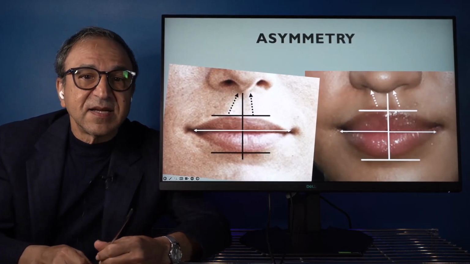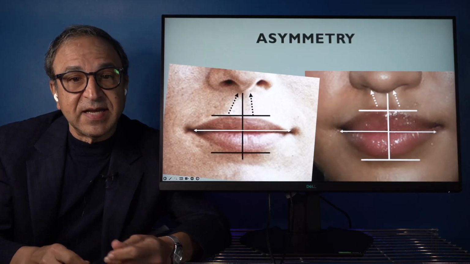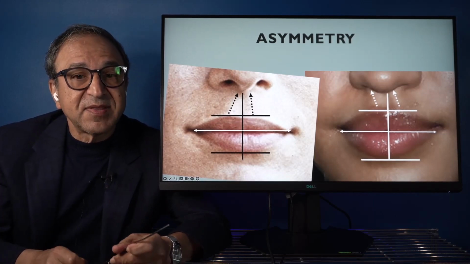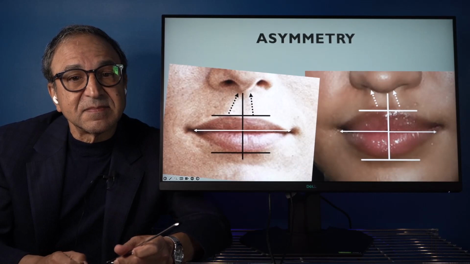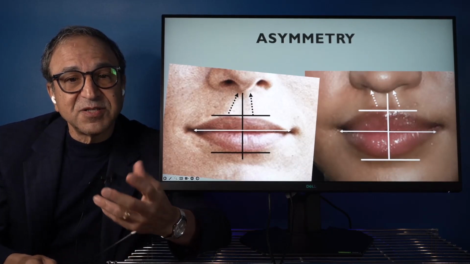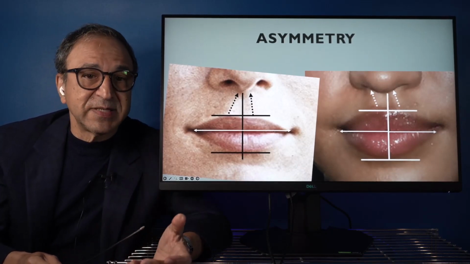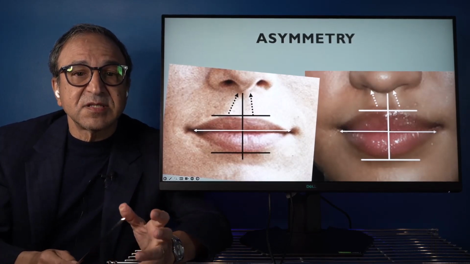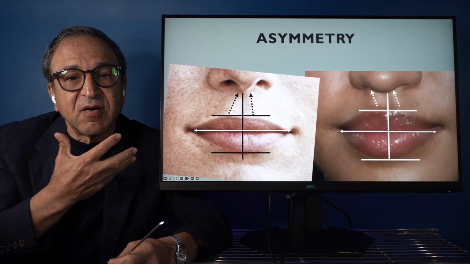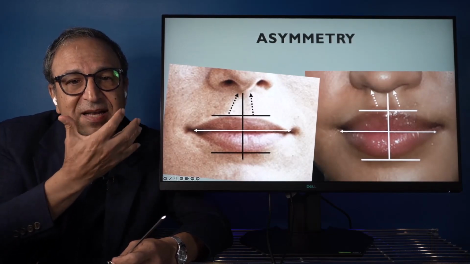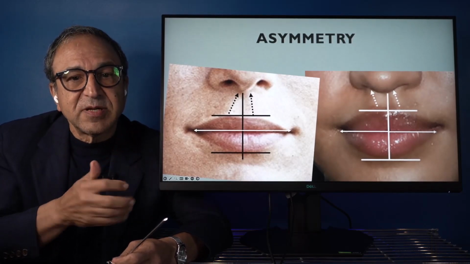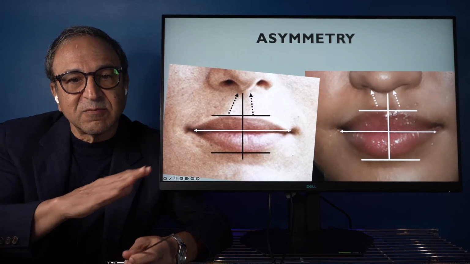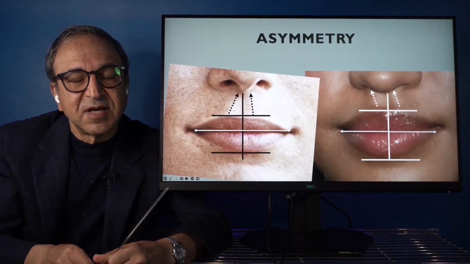And finally, how the muscles affect the aging of the lip. A lot of people think that the lip is losing volume, and most probably is as people age. But I find that a lot of the aging of the lip is a descent of the muscle in itself and a downward curving. So anyways, we're going to deal with all of that in a future video.